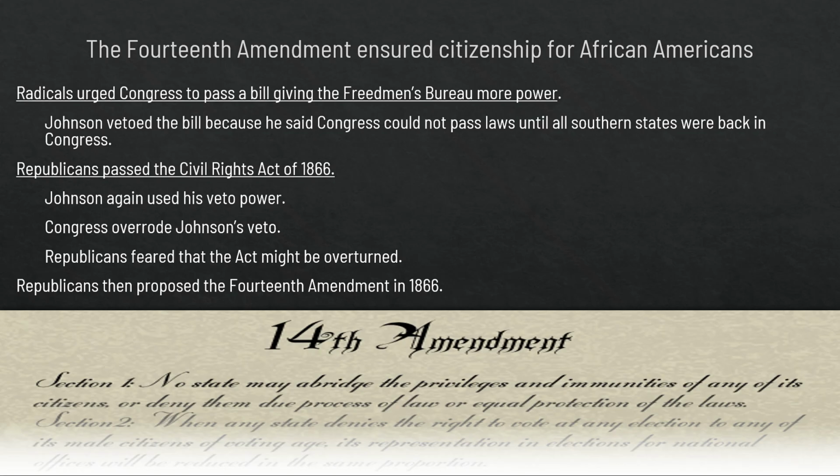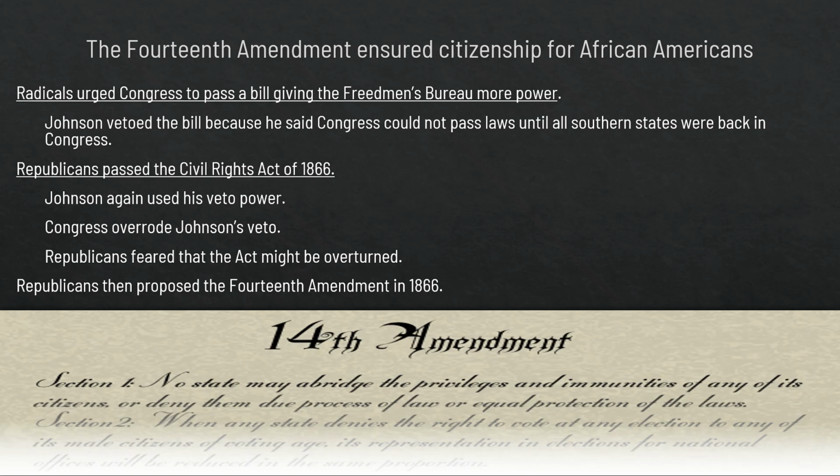This is a federal agency. It's created to assist formerly enslaved people with food, education, and legal support. However, President Andrew Johnson is going to veto the bill, arguing that Congress had no authority to pass laws until all Southern states were fully represented again.